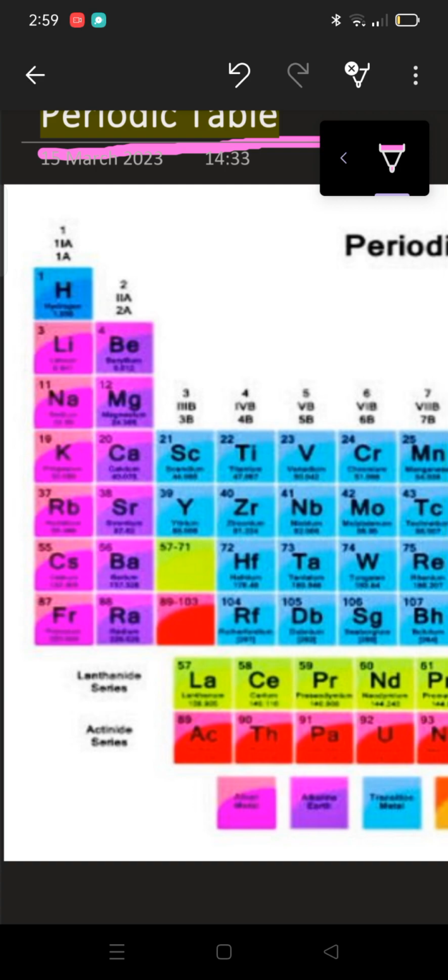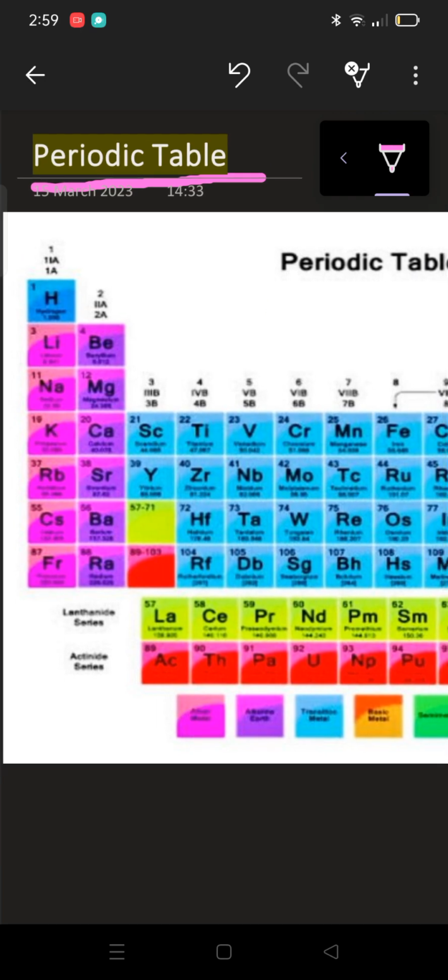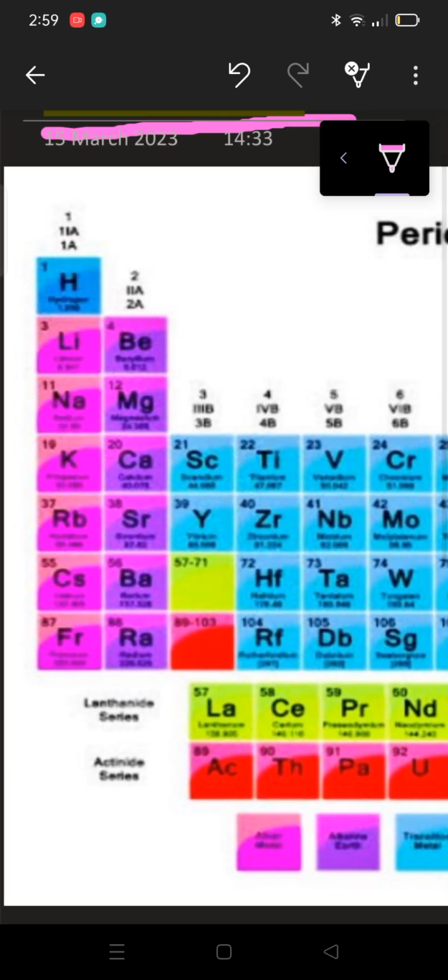As you can see here, the groups are always the columns and the periods are always the rows. So what are groups?